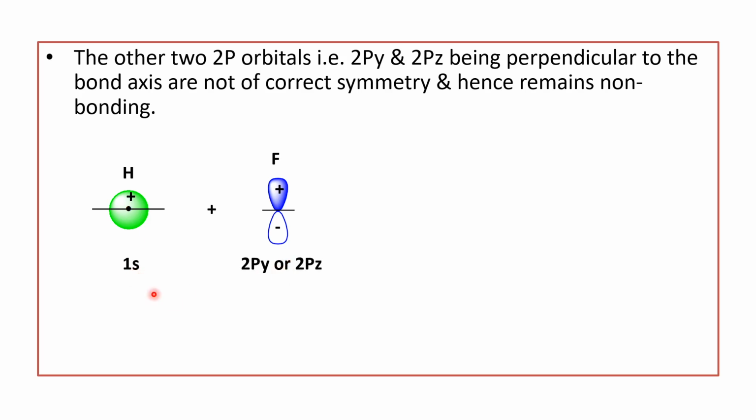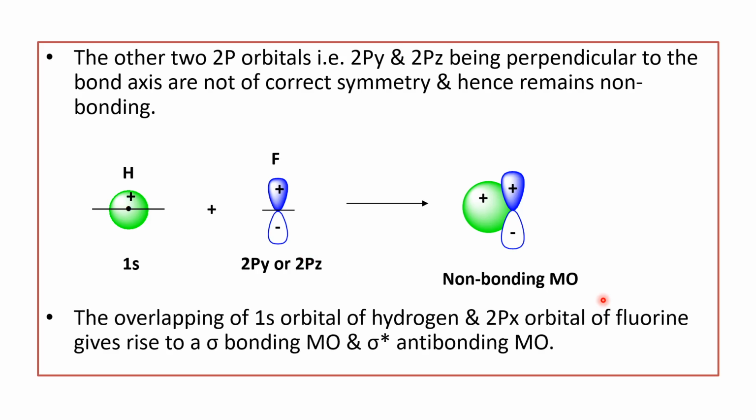Here we can see that they are not of correct symmetry, right? So when they undergo overlapping, we get this type of overlapping. Due to this, they are called non-bonding, so we get the formation of the non-bonding molecular orbital, right?